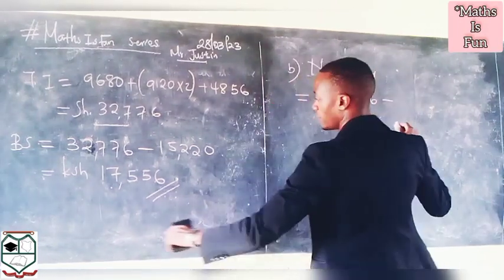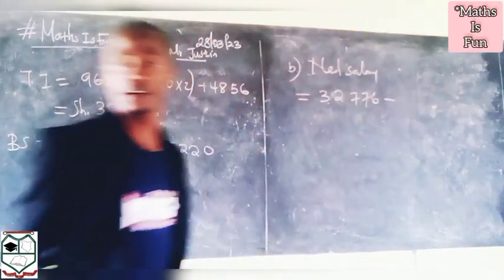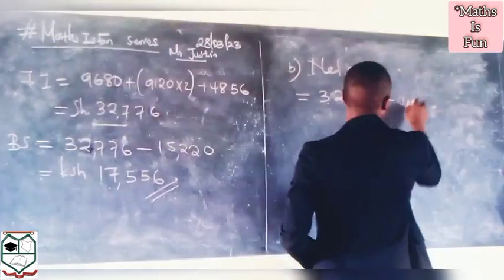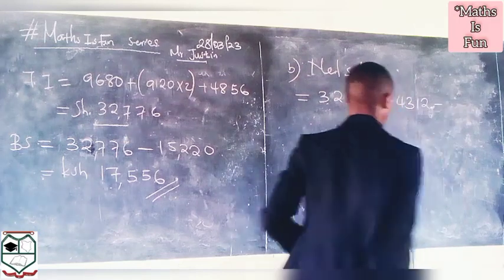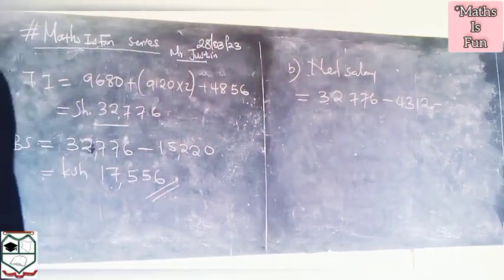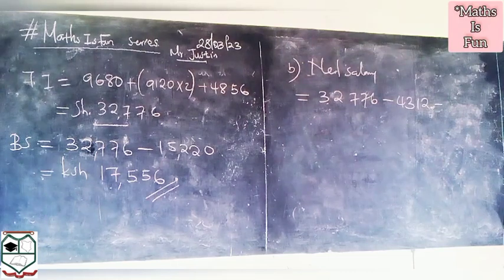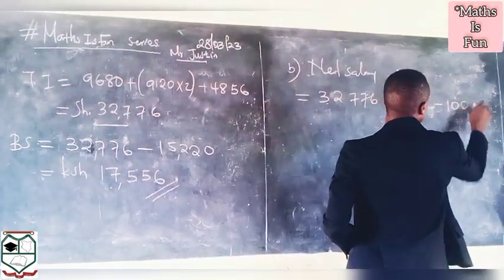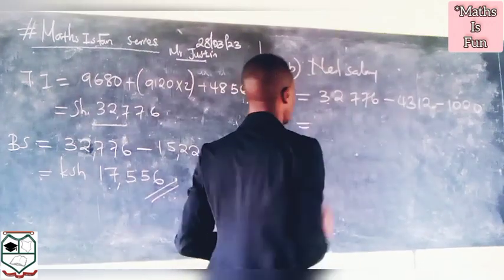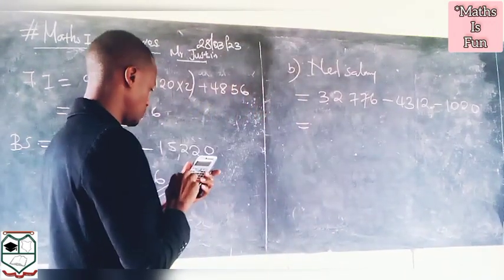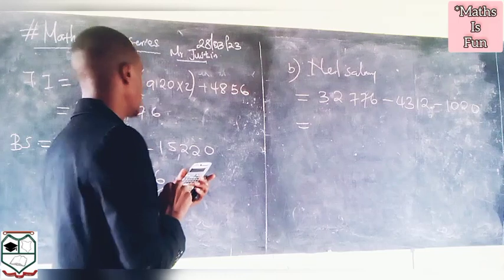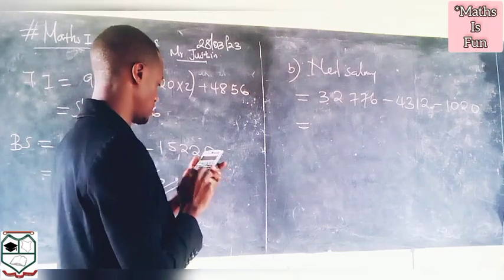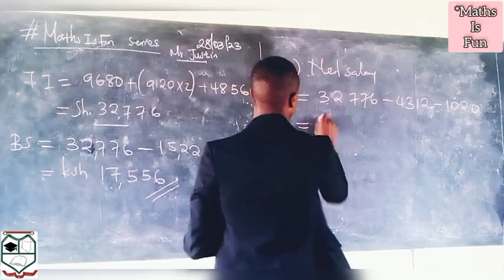We minus the pay. The pay we had from the beginning of the question as 4312. Minus the deductions, when you have all the deductions together: 320 plus 200 plus 500 is 1020. That is 32,776 minus 4312 minus 1020.